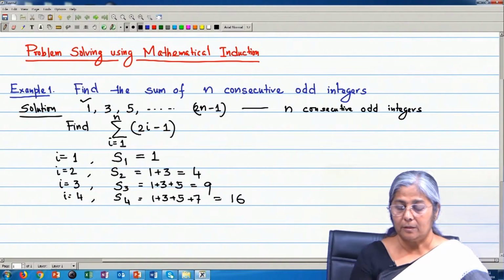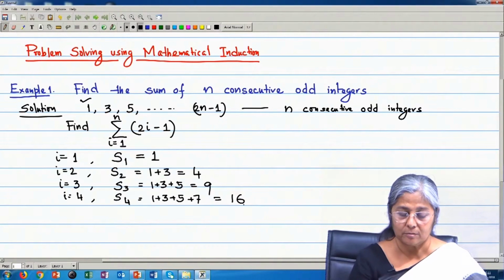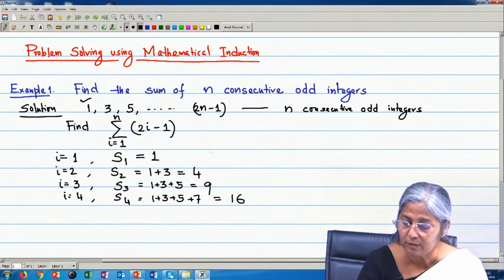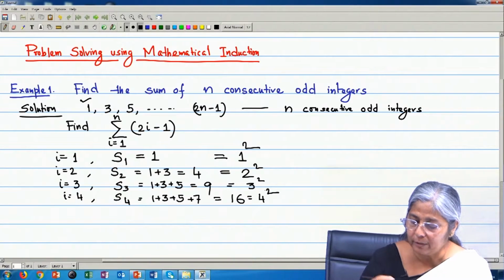And if we observe the pattern or the sequence, we see that S1 equal to 1, I can write that as 1 square. For S2, this is 2 square. For 3, this becomes 3 square. For 4, this becomes 4 square.